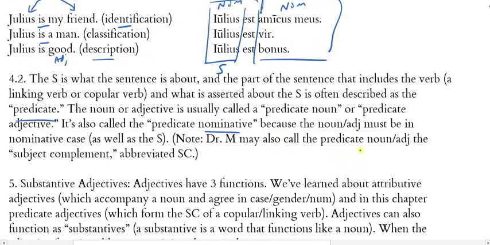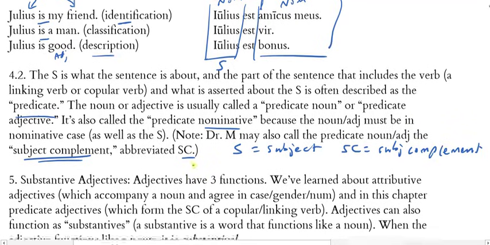The predicate nominative can also be described, and I do sometimes describe it that way, as the subject complement. So I'll abbreviate that SC. So S is subject, and SC would be subject complement. Okay, so you'll hear me use that term as well.